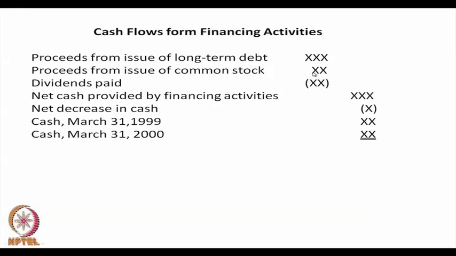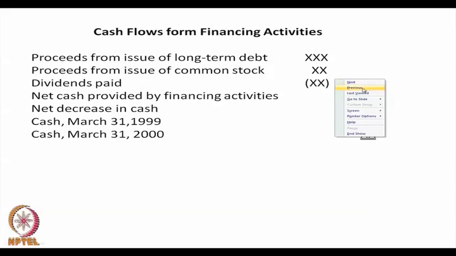So, cash comes in. Dividends paid, however, is negative, therefore, it is within parenthesis, and the sum of all these 3 is net cash provided by financing activities: cash coming in through issue of long term debt and issue of common stock less the dividends paid, and that is positive.